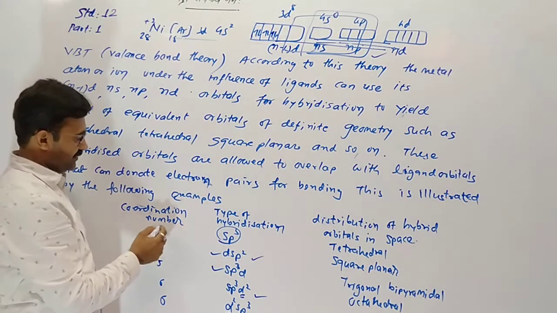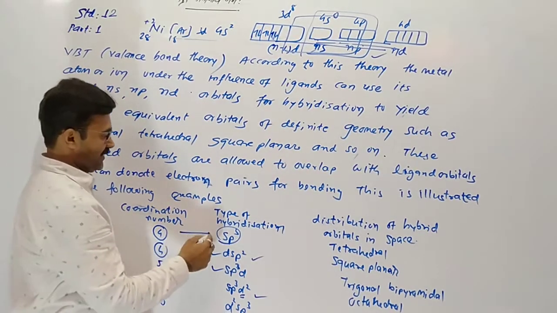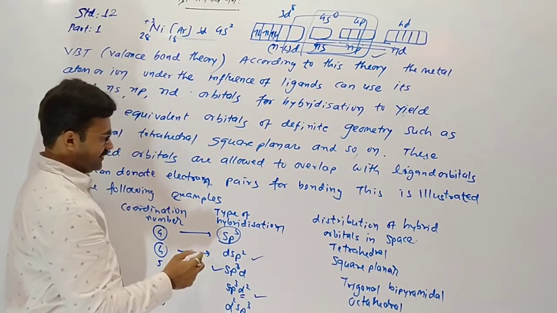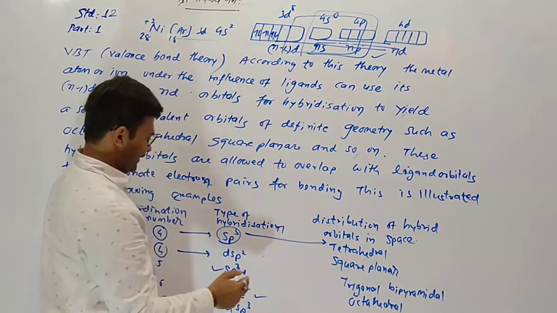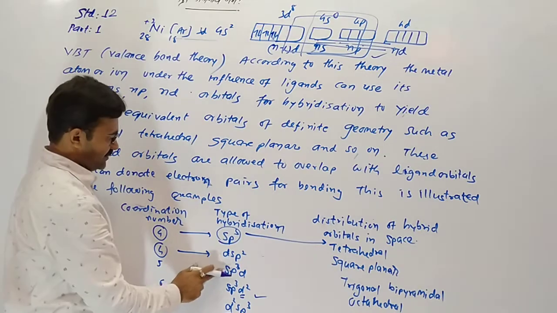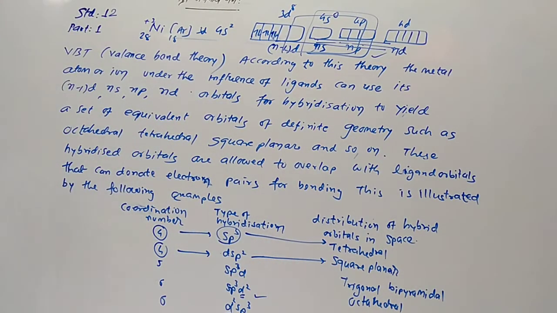Whenever the coordination number is 4, there are two possibilities. If sp3 hybridization occurs, it should be tetrahedral. If dsp2 hybridization occurs, then it should be square planar.